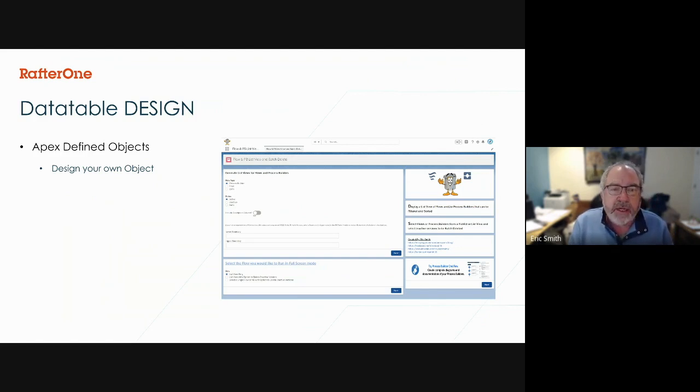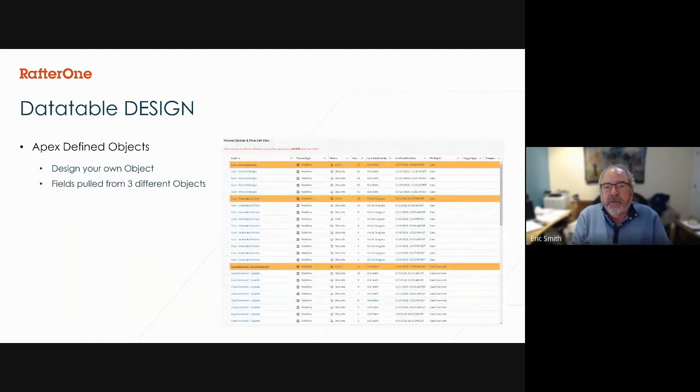I hated doing that, so I came up with a way to batch delete a bunch of inactive process builders. I just wanted to use the data table to show a list of those inactive flows or process builders and let the user pick and choose the ones they wanted to delete and have it go and do that. So that's one use of an Apex-defined object or a user defined object in the data table component.